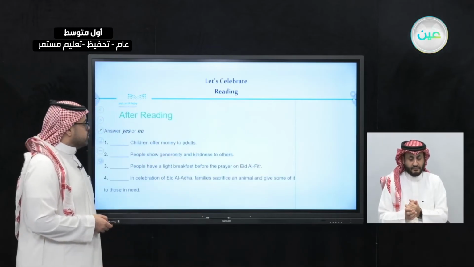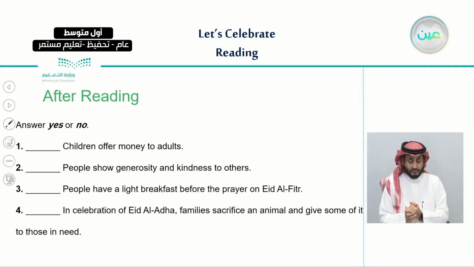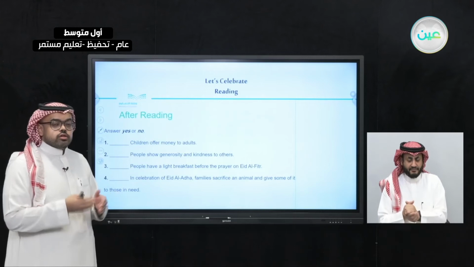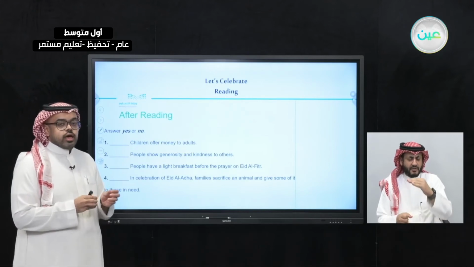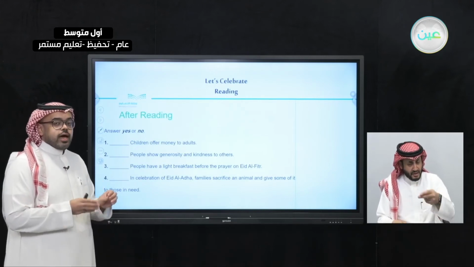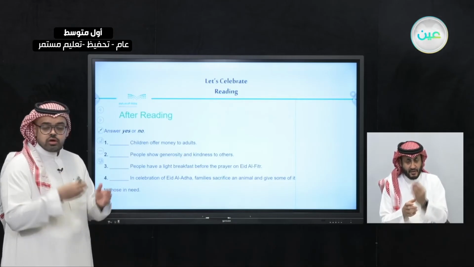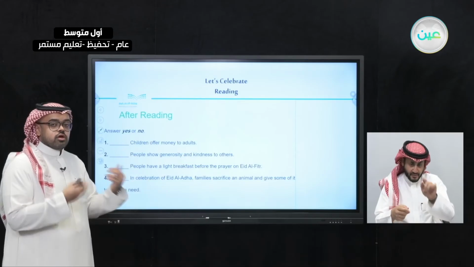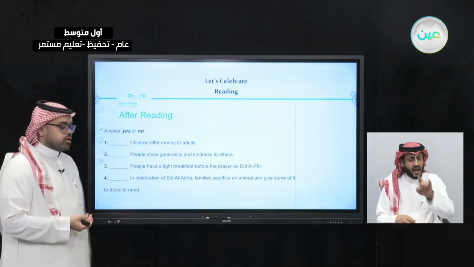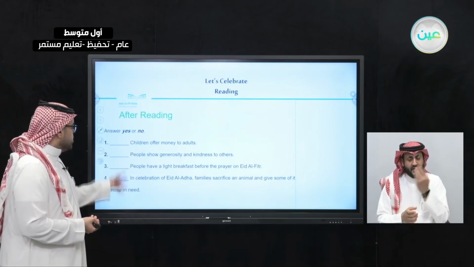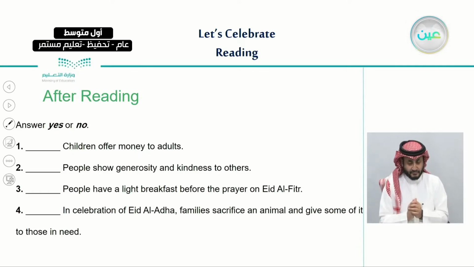Now, here we have a couple of after-reading questions. What we need to do here is answer yes or no questions. We read the statements and see if we agree with the statement, we write yes. If we don't, we write no. So let's read these statements first. Number one, children offer money to adults.